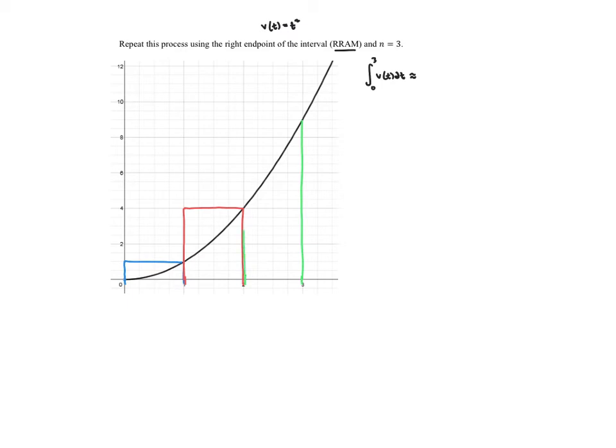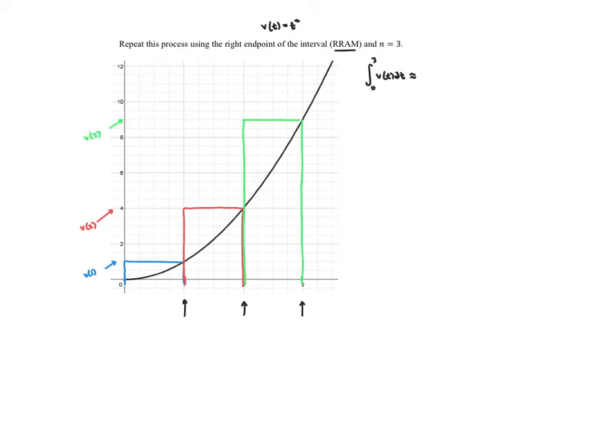I can see my rectangles taking shape. Notice that each of the rectangles' heights are right justified to each of their intervals. This output right here is v of 1, this output is v of 2, and this output, which will be 9, is v of 3.